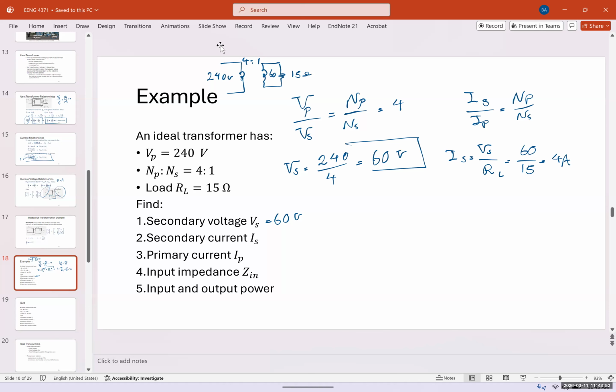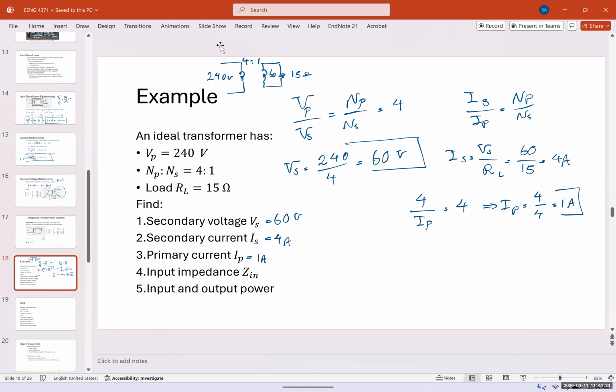So I know that IS is 4 amps. Now I want to find the primary current, IP. So 4 divided by IP is equal to NP over NS, which is 4. Therefore, IP would be equal to what? 1 amp. So this is 1 amp.